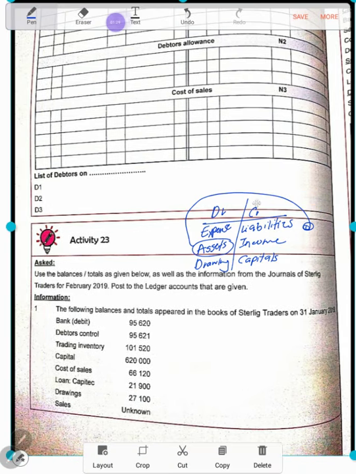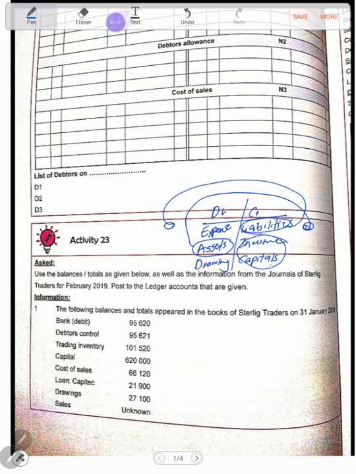On the debit side, then we have the expenses, drawings, incomes, and capital. They are owner's equity accounts. Owner's equity will increase on your credit side as you have incomes, money coming in, and capital, where the owner puts money into the bank account, which increases your owner's equity.